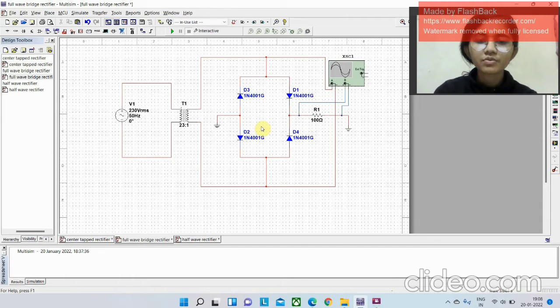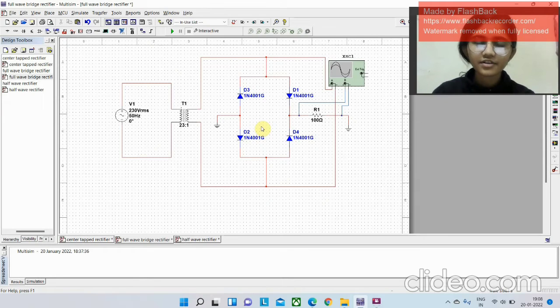Now when we have the positive half cycle, D1 and D2 will be in the on position, whereas D4 and D3 will be off and will work as an open circuit. When we have the negative half cycle, the opposite happens. D1 and D2 will work as an open circuit, and D3 and D4 will work in the on condition.